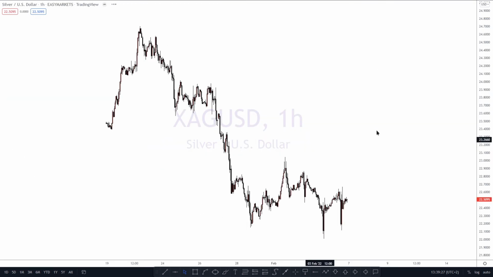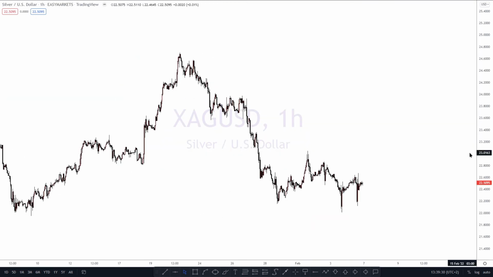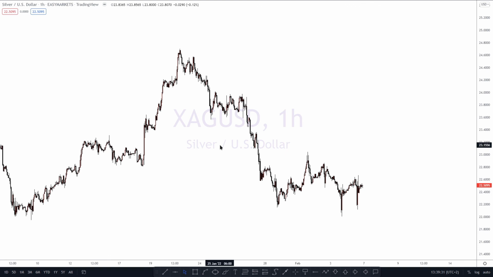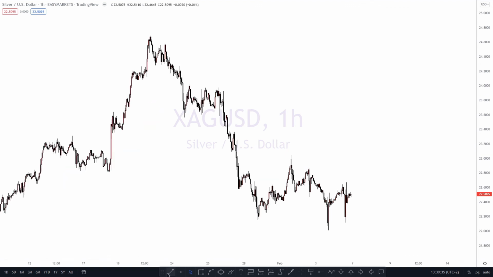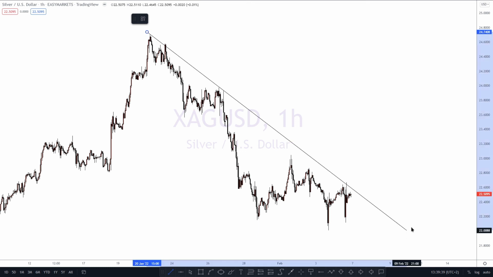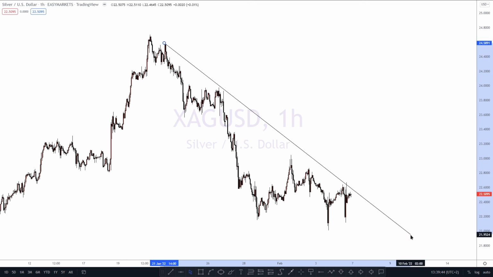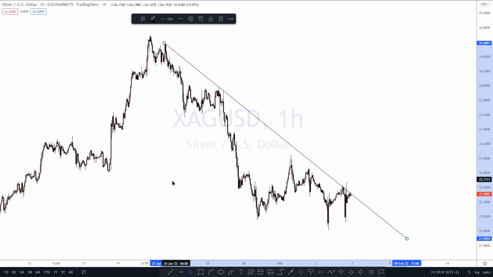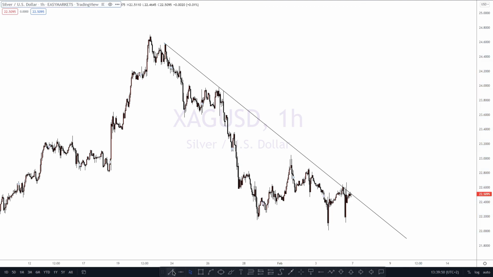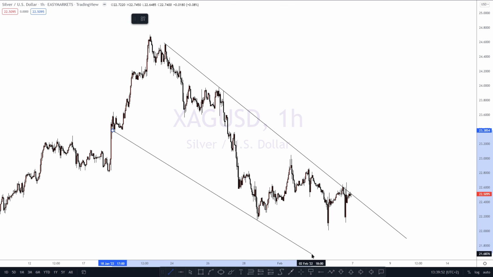And with our silver, we're just going to use our 1 hour, a very nice and lovely structure like this. Started just from here, structure like this, and price was just rejecting, and as you can see also the diagonal support.